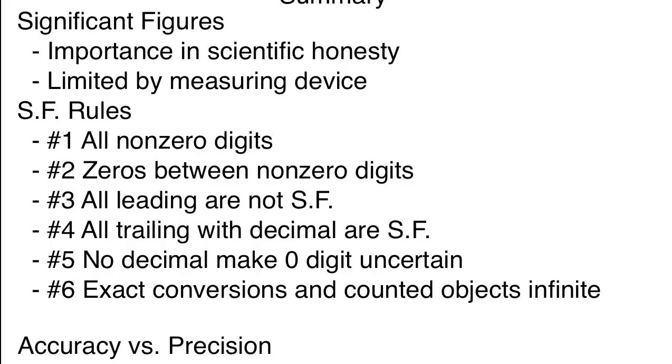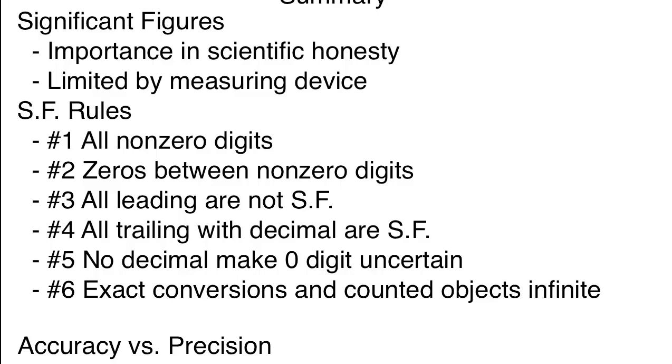And then finally, rule number 6, if you have an exact conversion, for instance 2.54 centimeters in 1 inch, or you have counted objects, so we've used examples like a dozen donuts, you can count all the donuts, or I mentioned I have 2 dogs. If they are objects that can be discretely counted individually, then you have an infinite number of significant figures. So if I said I have 2 dogs, I have 2.000 into infinity.